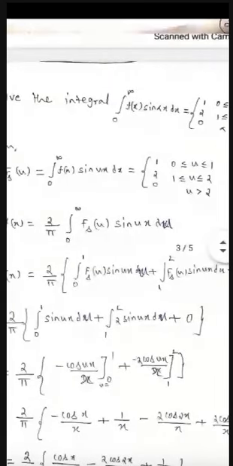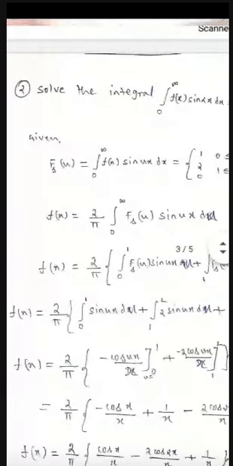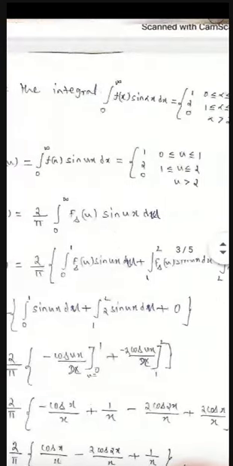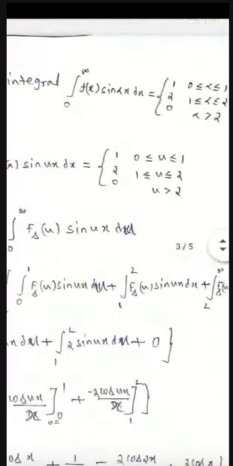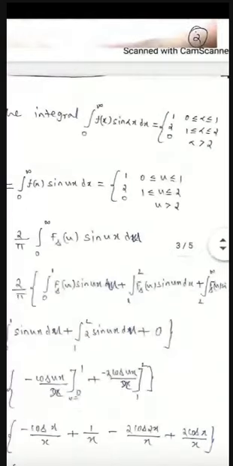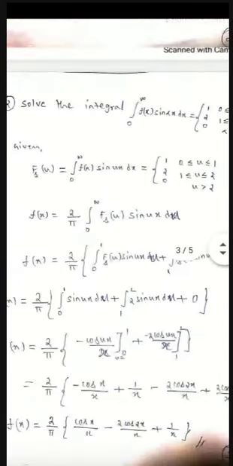From 0 to 1, Fs of u can be written as 1 because u is between 0 and 1. Next, Fs of u is 2 whenever u is between 1 and 2. From 2 to infinity, in place of Fs of u, we can write 0, right? So we have 0 to 1 and 1 to 2.